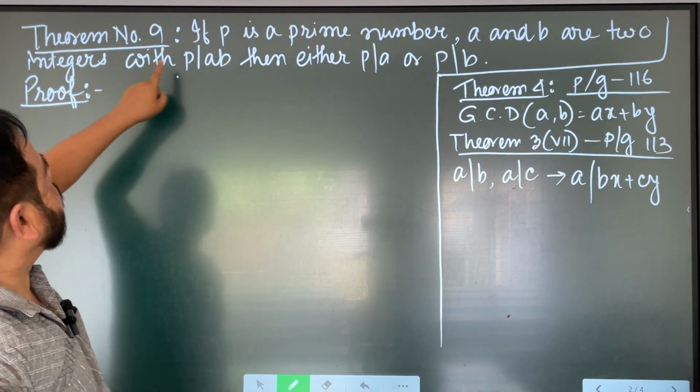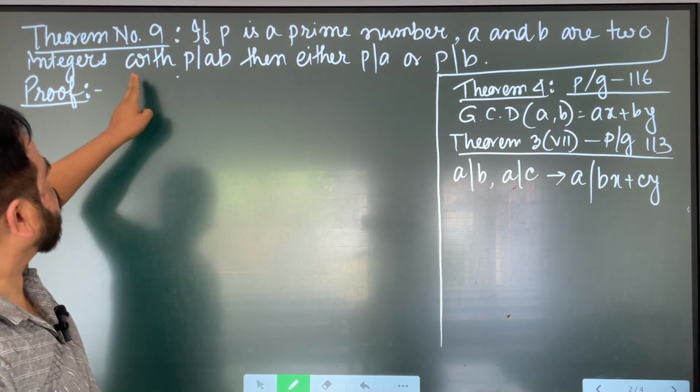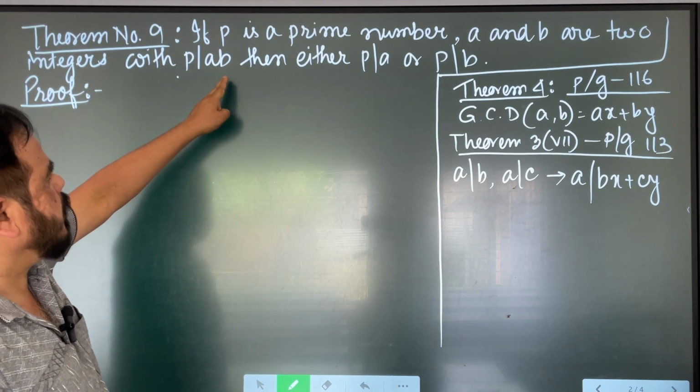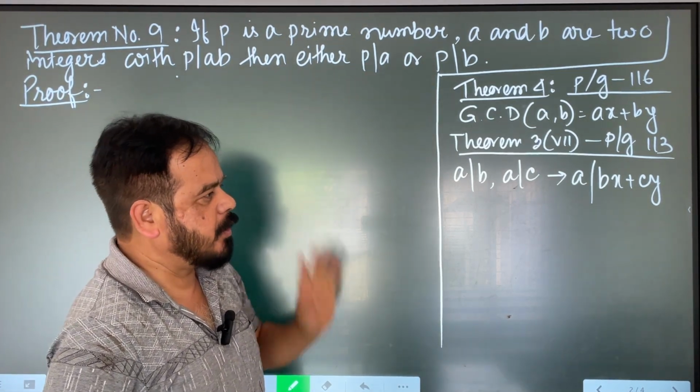Now theorem number 9. If P is a prime number, and A and B are two integers such that P divides AB, then either P divides A or P divides B. This is what we have to prove.